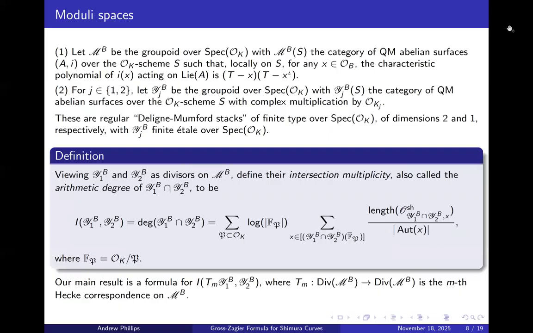So the moduli spaces we're going to look at here, we're going to start with this, which I'm going to call MB. There's some technical stuff here that, if you don't know what it means, is not really that important.